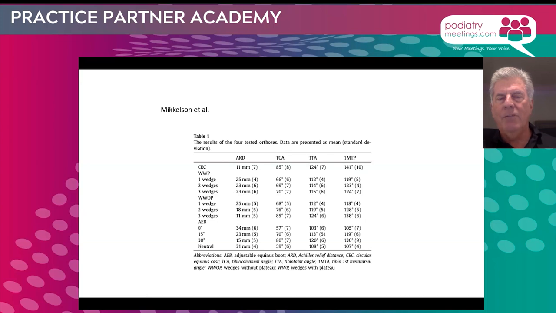They don't really begin to achieve a significant narrowing of the distance or equinus positioning until we use 2 and more importantly 3 wedges. And we really don't see the Vacoped boot get to that equinus cast position in terms of the skeletal positioning until we get to about a 30 degree plantar flexion. So these lower levels of plantar flexion of the Vacoped boot didn't really approximate the necessary equinus positioning in this study.